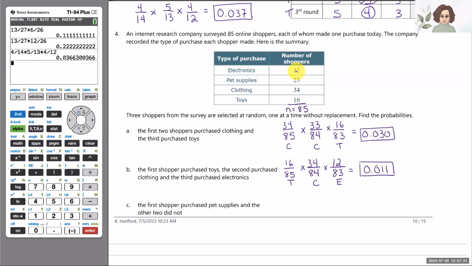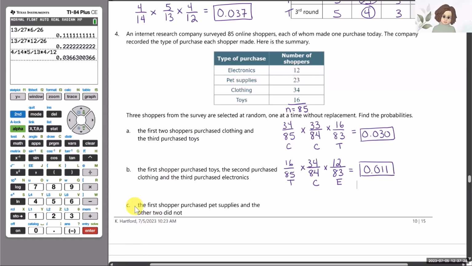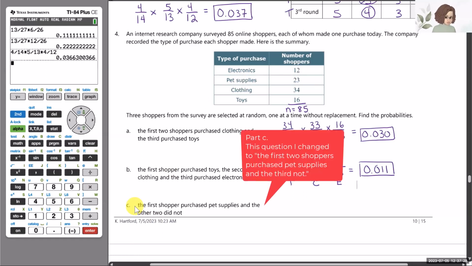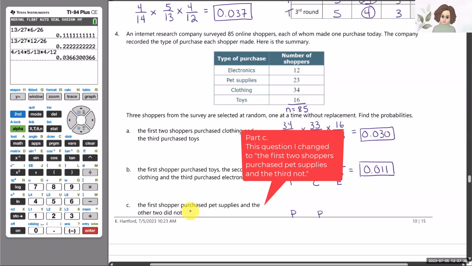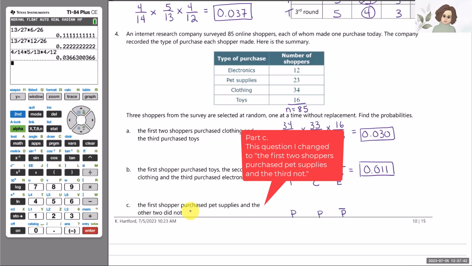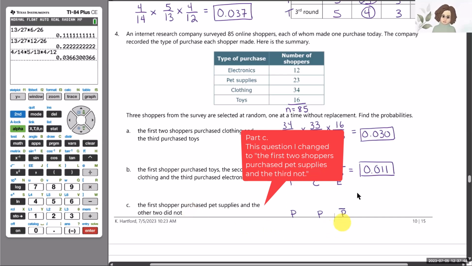And then the last question here. The first shopper purchased pet supplies, and the other 2 did not. So now I want pet supply, and then I'll do my notation for complement, not pet supply there. But now let me go ahead and keep track of some totals here.